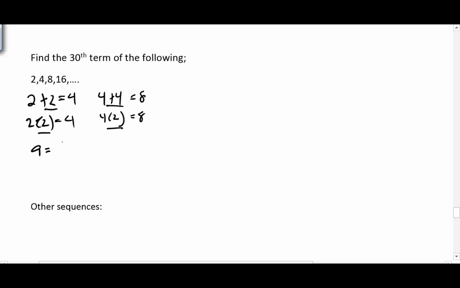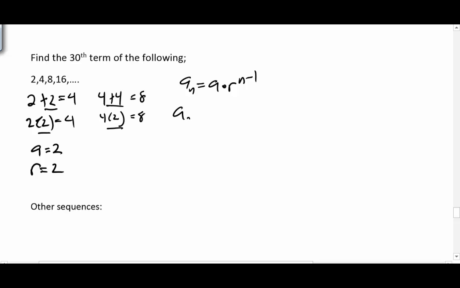So our first number is the 2 they give us, and the common ratio is, well, the number we figured out was 2. So the nth term would be the first number times the common ratio to the n minus 1 power.